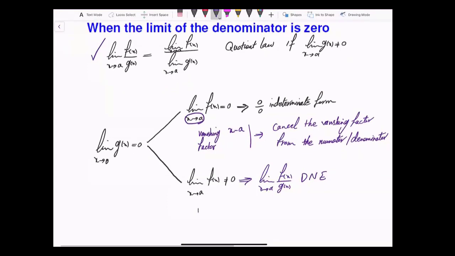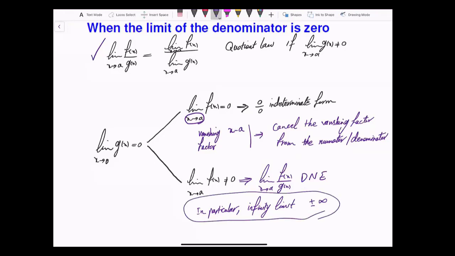In this case, in particular, what we will have is an infinity limit. It will be either plus infinity or minus infinity. This is something that we will discuss next week. But just for now, if you get a non-zero numerator and a zero denominator, the limit does not exist, and it will be either plus infinity or minus infinity.